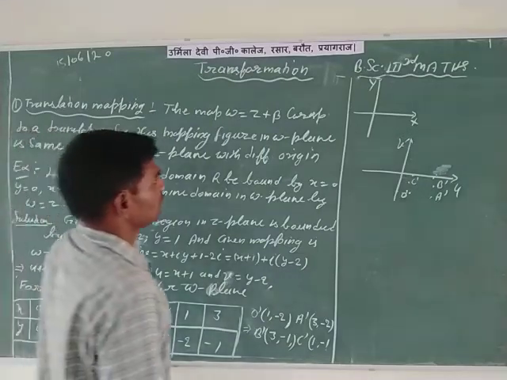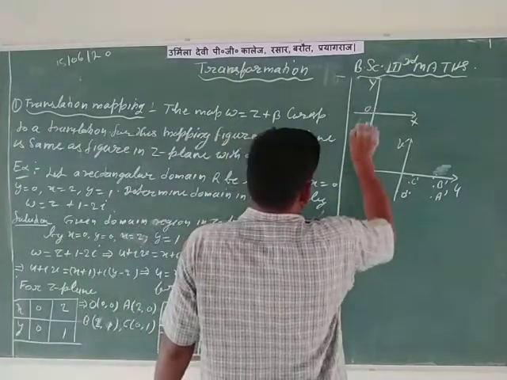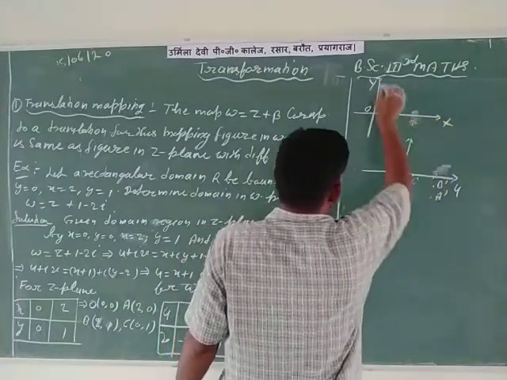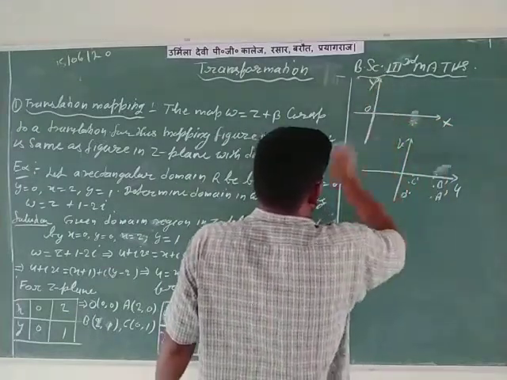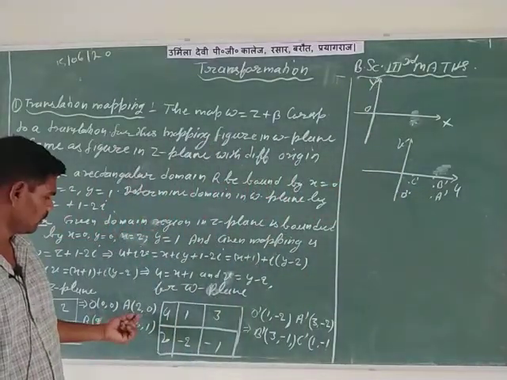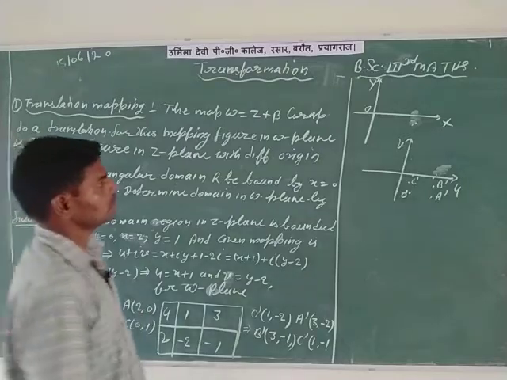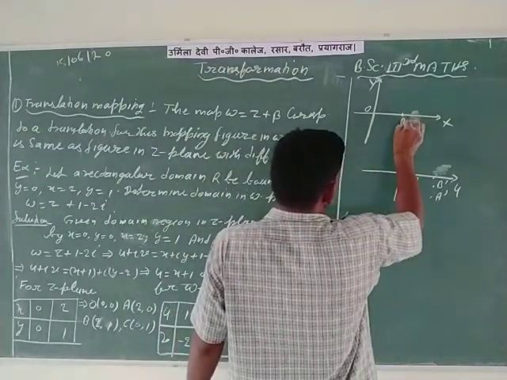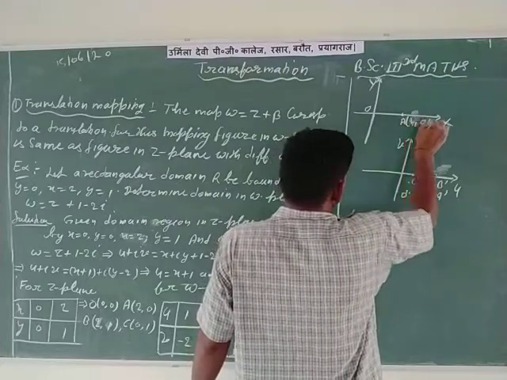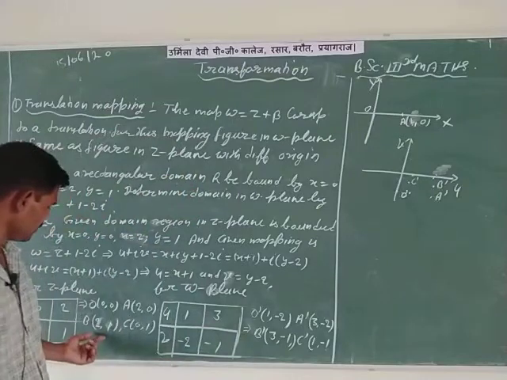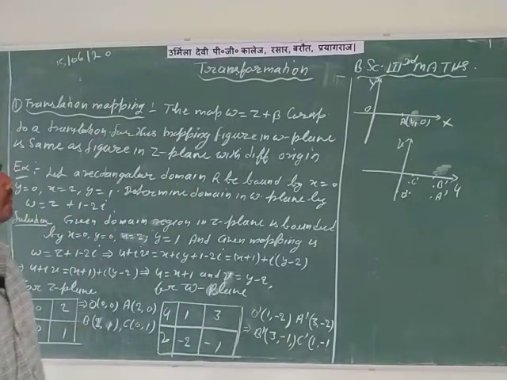Here O is denoted by the origin of the x-axis and y-axis. The first point, capital A, has coordinates 2, 0. Suppose that is 2 and 0. So that is point capital A with coordinates 2, 0. The second point is capital B, whose coordinates are 2, 1.